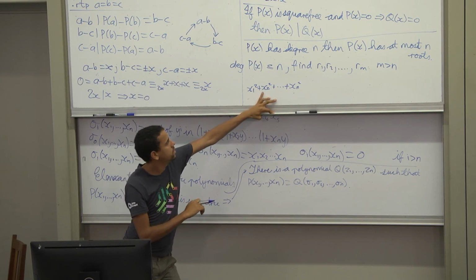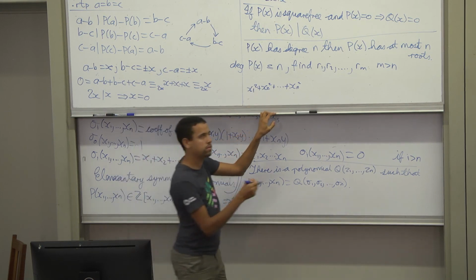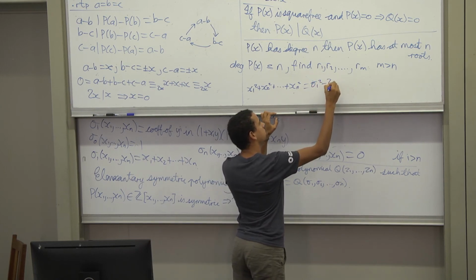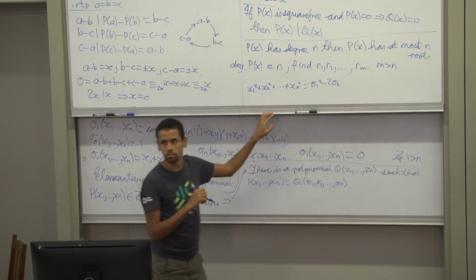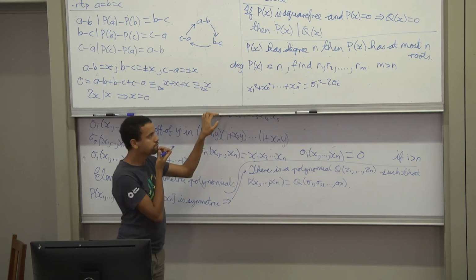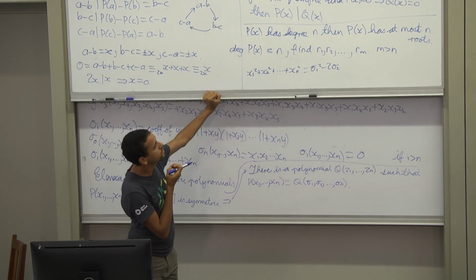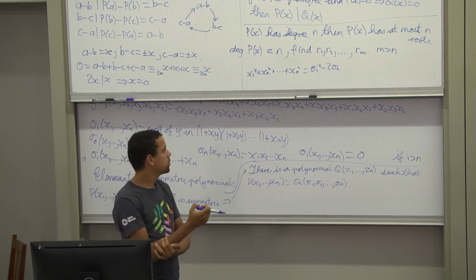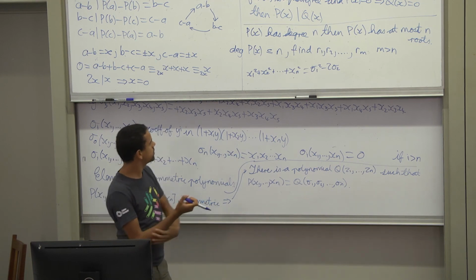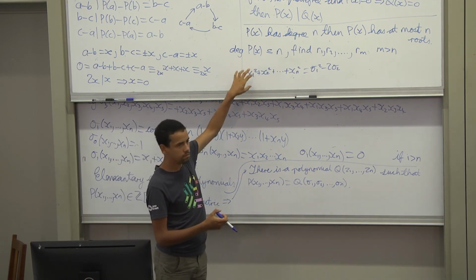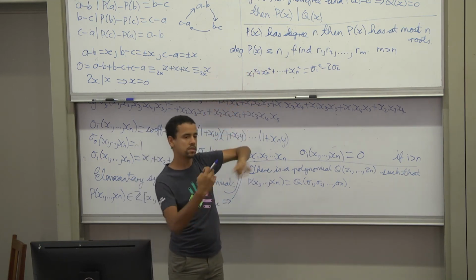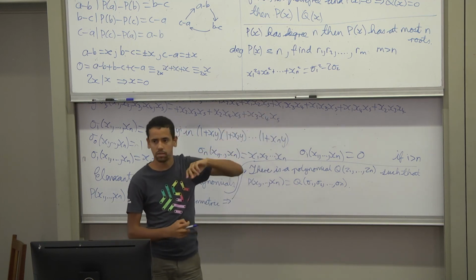I can write these in terms of the elementary symmetric polynomials as sigma 1 squared minus 2 sigma 2. And there's a particular identity called Newton's identity, which relates these sums of kth powers, how to write them recursively in terms of the elementary symmetric polynomials.